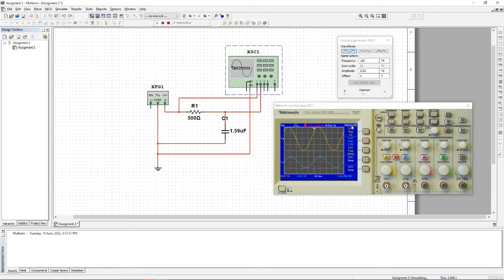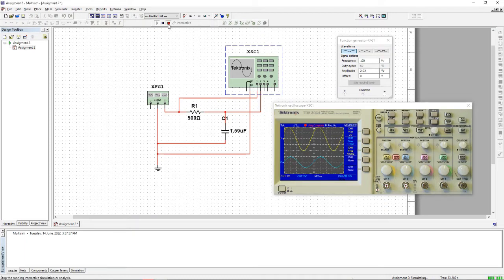Okay, before that I already took out channel 1 Vmax, channel 2 Vmax, and channel 1 frequency. As you can see, this is our waveform, and the Vmax output is 1.78 volts, and this is at the frequency 100.